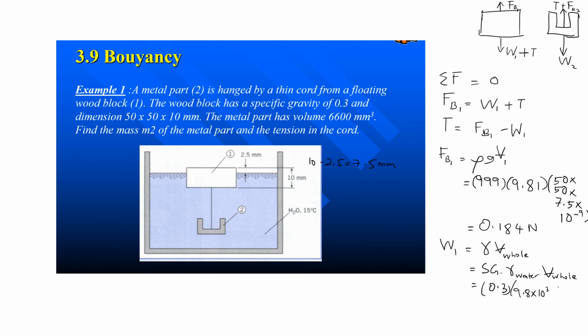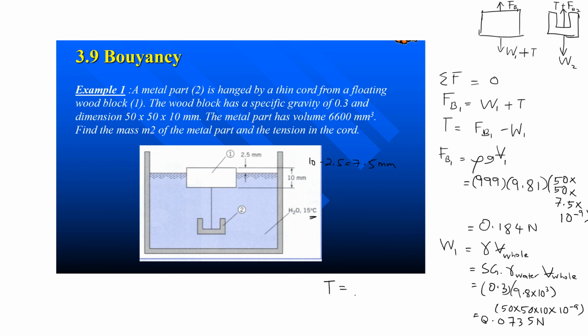This is the value of gamma of water at 15 degrees C. The whole volume is 50 times 50 times 10 times 10 to the power of negative 9. So the answer should be 0.0735 Newton.